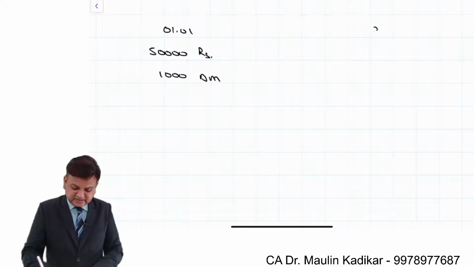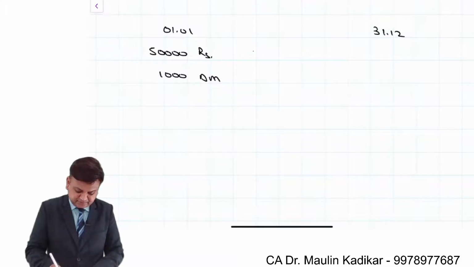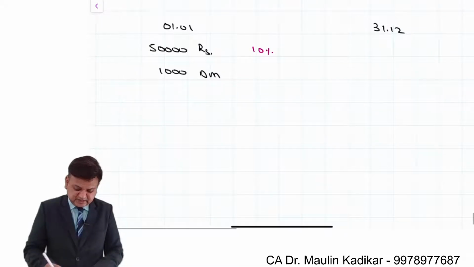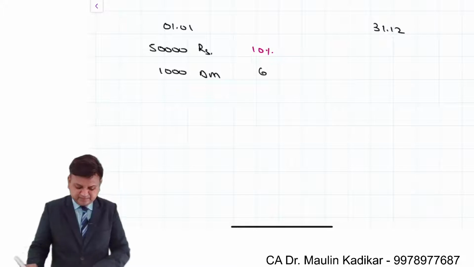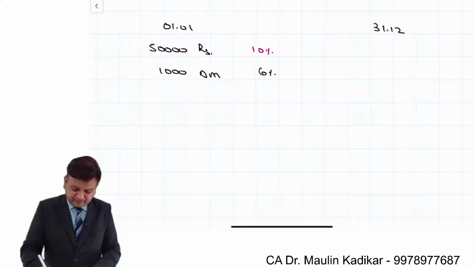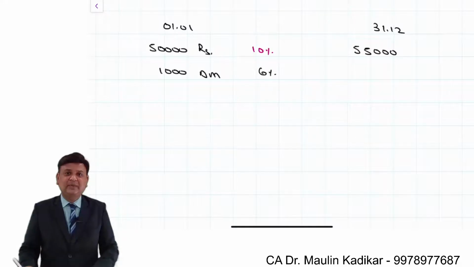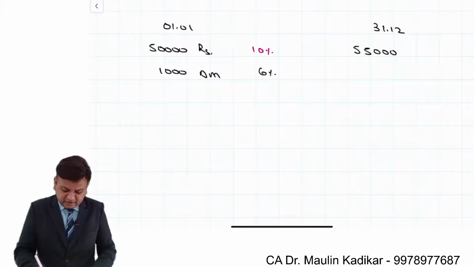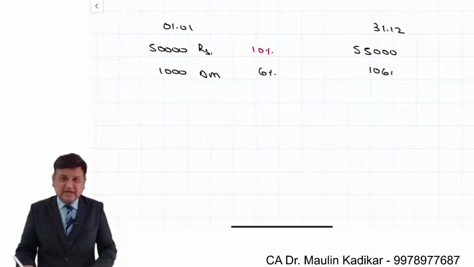Now let us say that the inflation rate in India is 10% and inflation rate in Germany is 6%. Then what will happen? The commodity having a value of 50,000 rupees will have a value of 55,000 rupees after 1 year, and the commodity having a value of 1000 Dutch mark will have a value of 1060 Dutch mark at the end of the year.